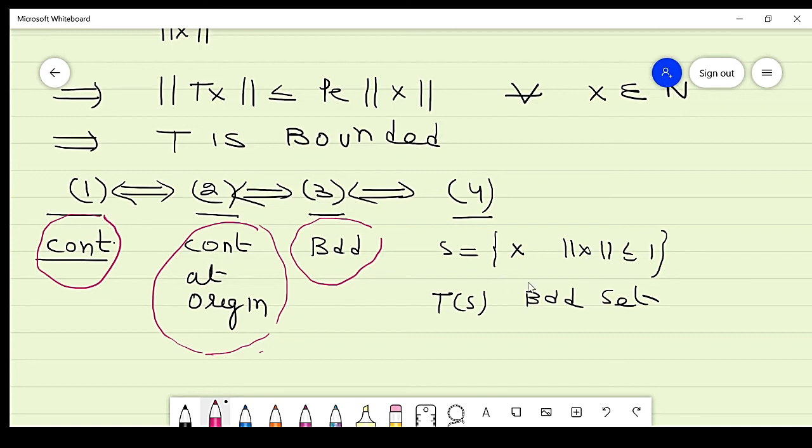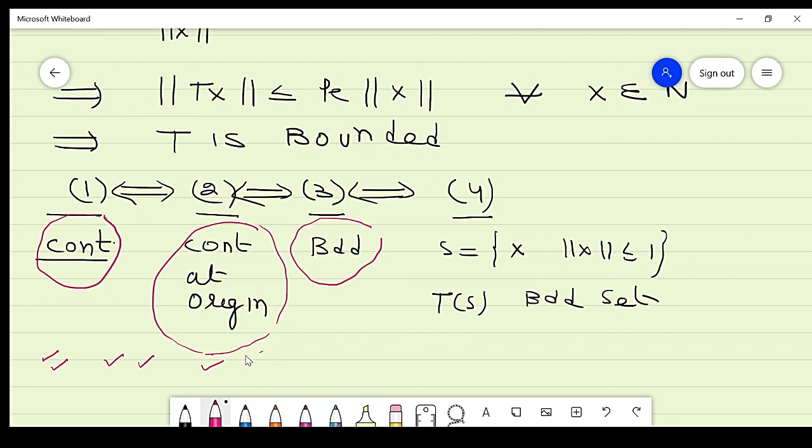If it satisfies this condition, then all these statements are also satisfied. This is a very important result for application as well as for examination. All the 4 statements are equivalent.